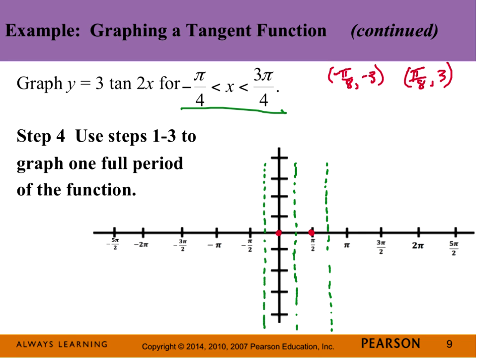Okay, so negative pi over 8 is halfway between 0 and negative pi over 4. So negative pi over 8, negative 3 lives about right here. And then I have positive pi over 8, positive 3 living about right here.